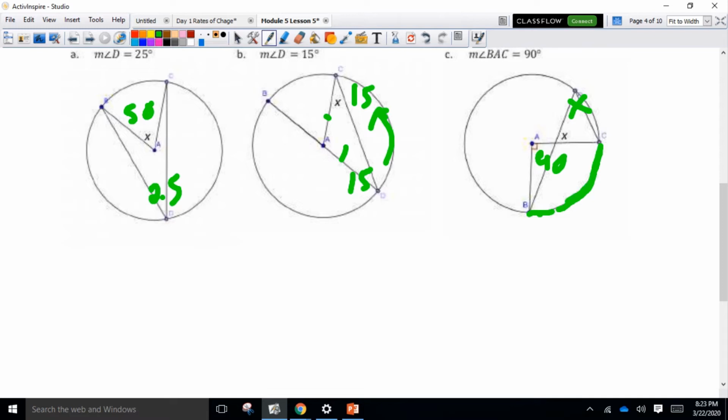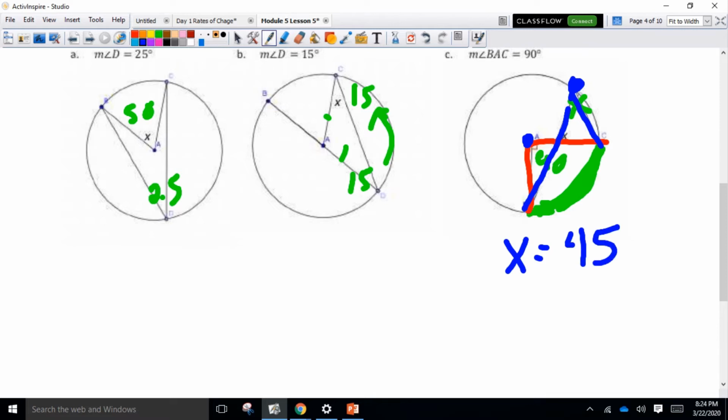If you follow both of those angles out, they both make arc BC. This angle here makes arc BC. This angle here makes arc BC. This is an inscribed angle. This is a central angle. So X has to be half of that. X is 45.